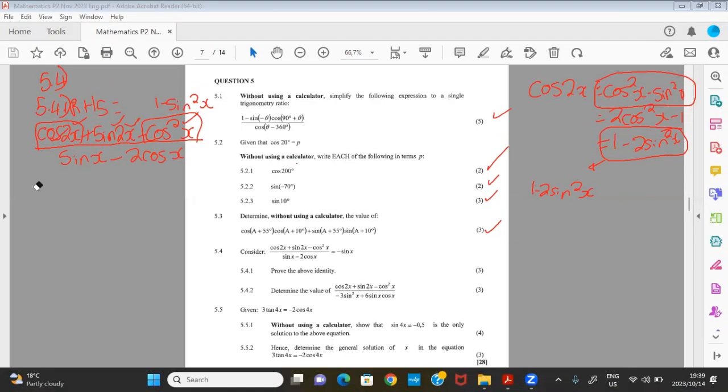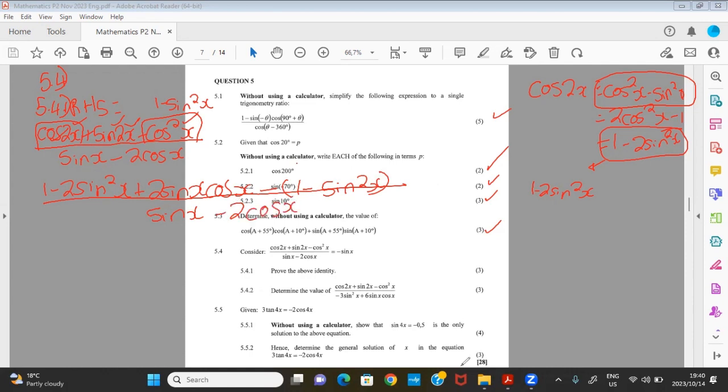So we are going to have 1 minus 2 sin squared x, then plus 2 sin x cos x, and then minus (1 minus sin squared x), over sin x minus 2 cos x.